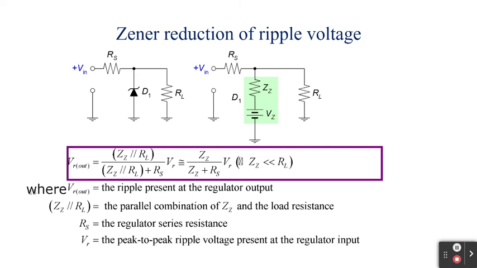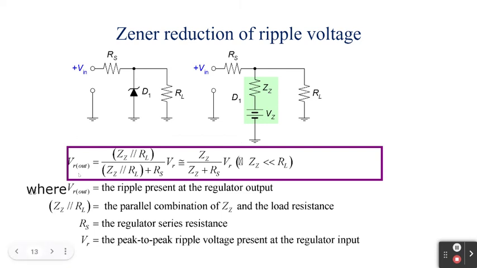Now, about the Zener reduction of ripple voltage, if you will remember, the ripple is possible to happen in the rectifier circuits, and even if you put a capacitor, there will be much less fluctuation of voltages, but there will still be a ripple. In the case of the Zener, we can reduce the ripple voltage by considering the ZZ and the VZ of our example here.